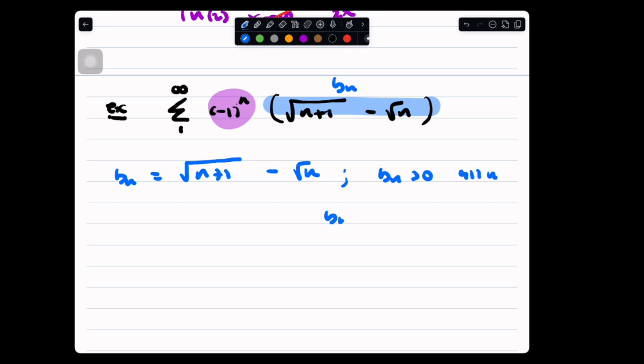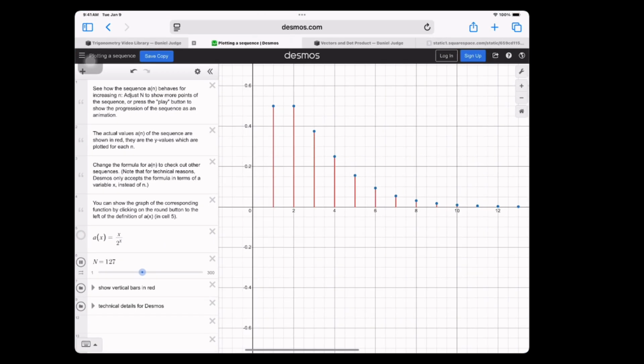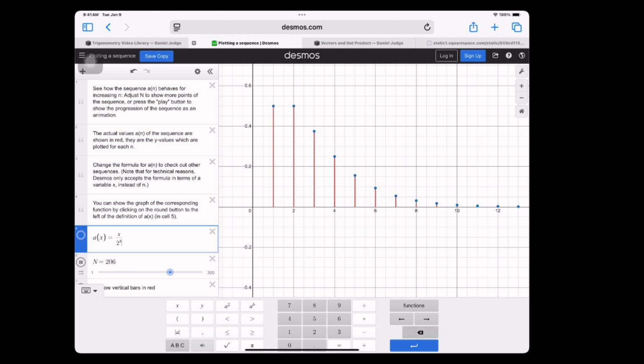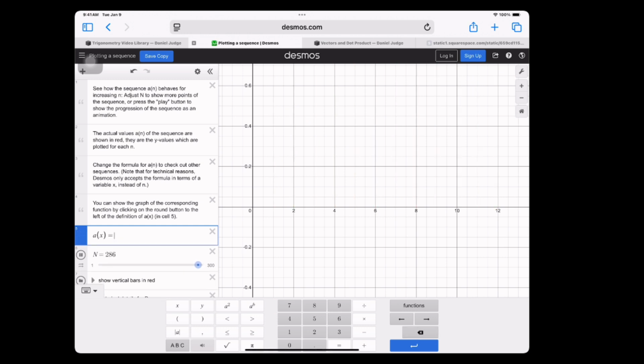But is Bn decreasing? Oh my gosh, what is this? I can use calculus. That might take me a little long. What do you guys think? We don't have a lot of time.